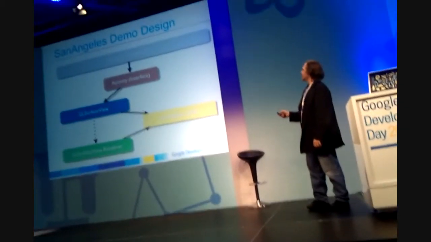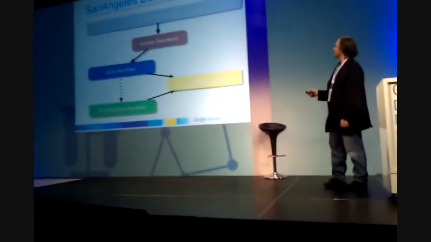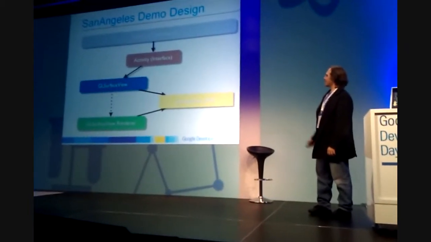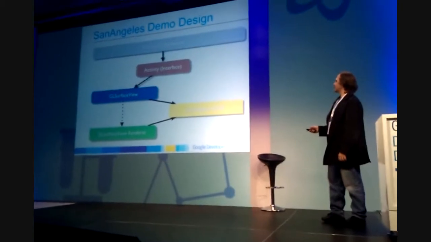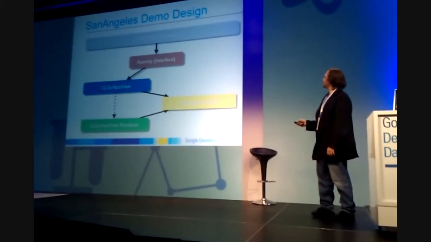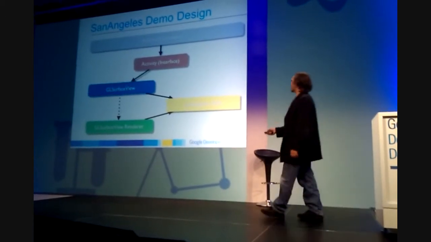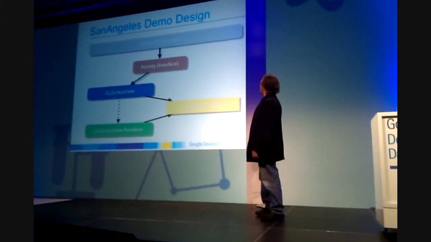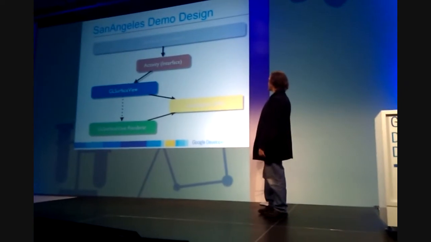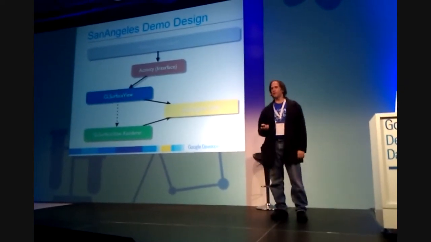Once again, you've got the Android framework, which contains an activity. The activity contains one view in the view group, which is the GLSurfaceView. And the GLSurfaceView, along with a renderer that's associated with it, ends up calling into this native code, which actually does all the OpenGL.